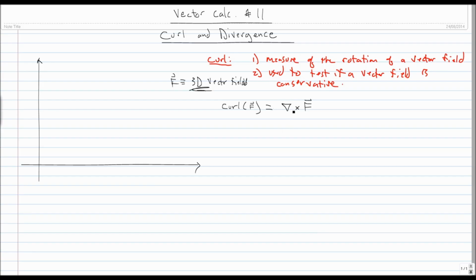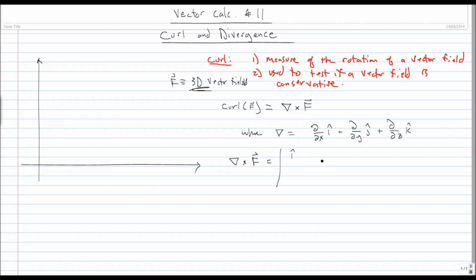So when you take the curl of a vector field, you're going to end up with another vector field, where this little upside down triangle is just notation, and this actually can be thought of as a vector that looks like this. Okay, so when you calculate curl, you literally take the cross product of this vector with your vector f.